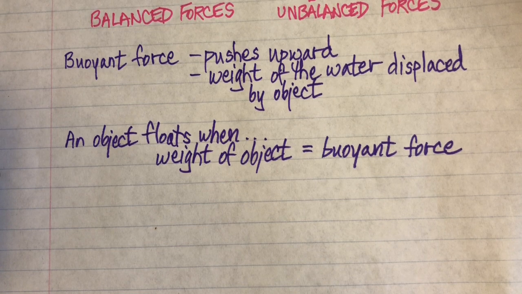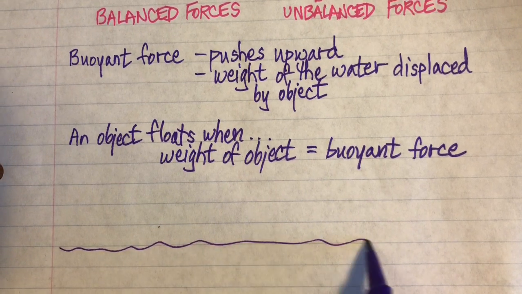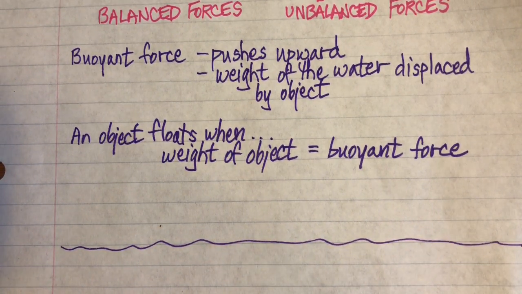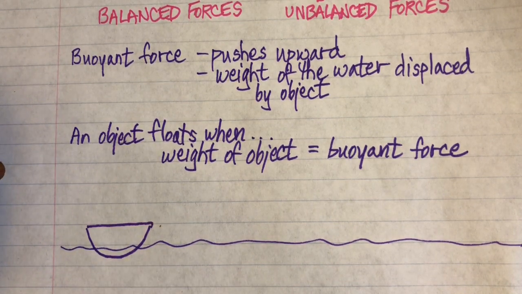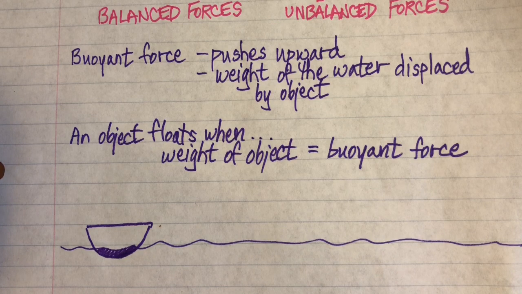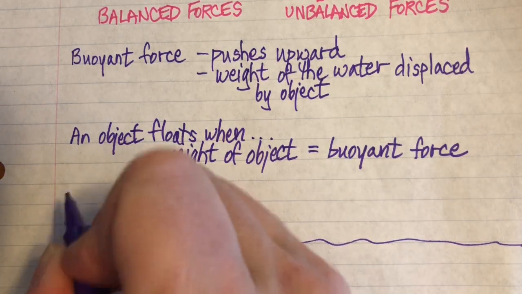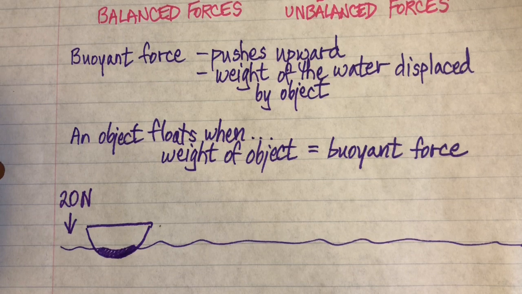I'll give three situations with the same boat trying to float. So here's a water line. In situation number one, the boat is floating high in the water. So just this part of the boat is in the water getting wet. So the weight of the boat pushing down is 20 newtons.